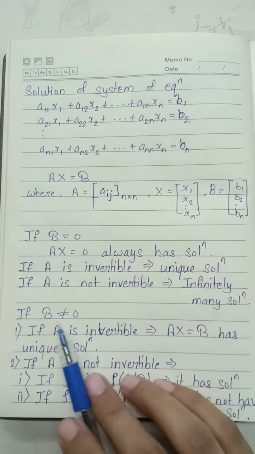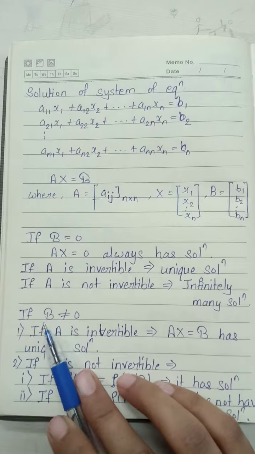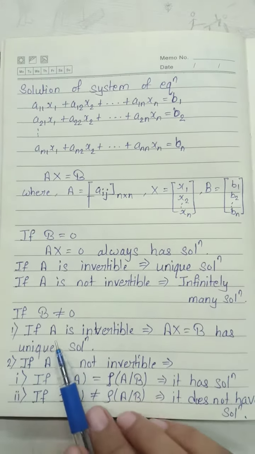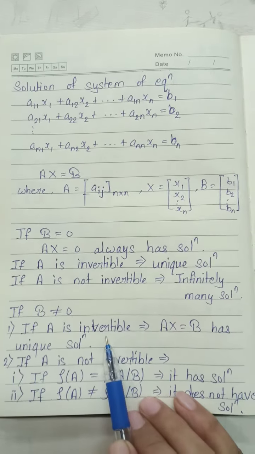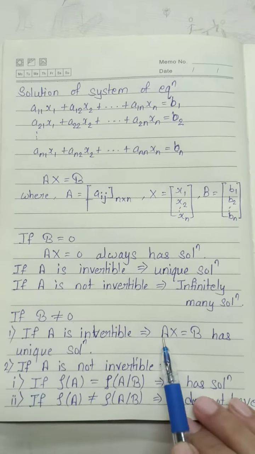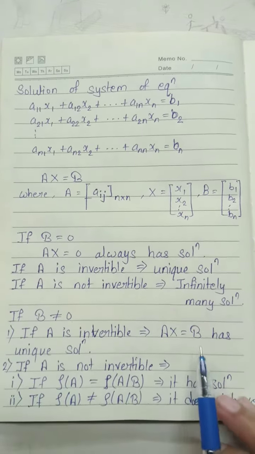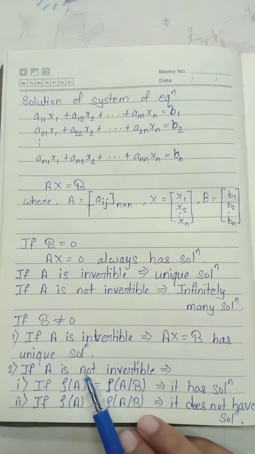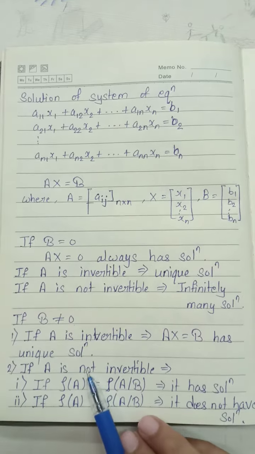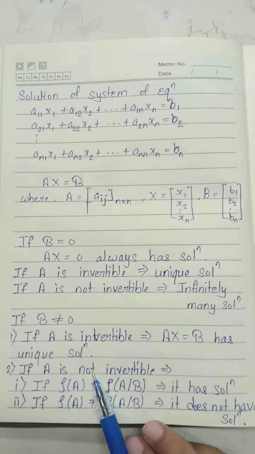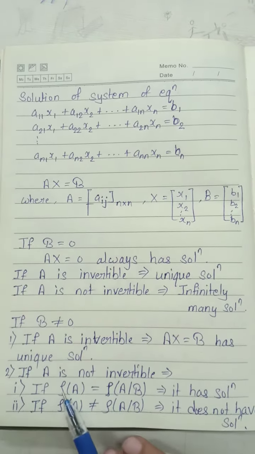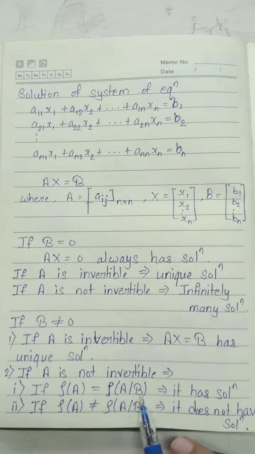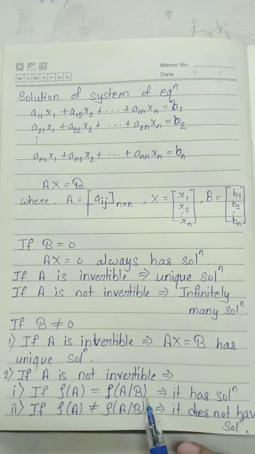Now if we are talking about when b is non-zero, in that case, if A is invertible, we can say Ax = b has a unique solution. Now if A is not invertible, that means the determinant of A is 0, so in that case we compare the rank of A with the rank of the augmented matrix [A|b].